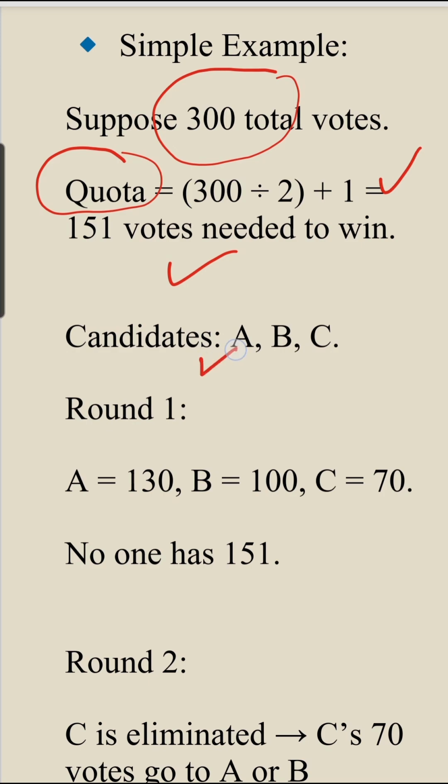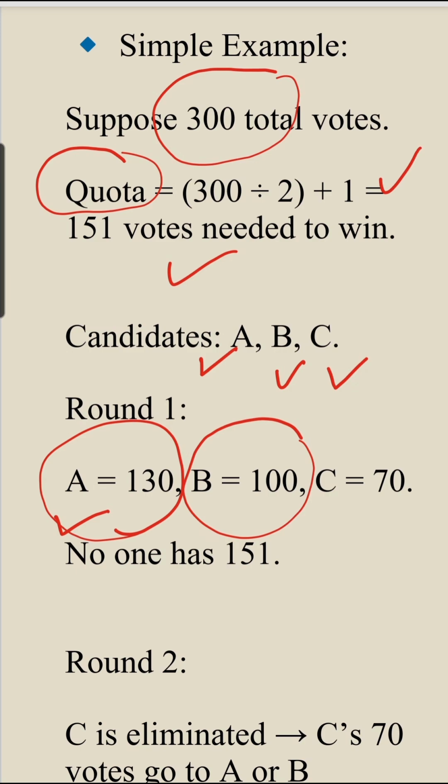Now we have candidates A, B and C. Suppose in round 1, 130 people from 300 have preferred A as their first preference to become president, and 100 people have voted for B to become the president as their first preference, and only 70 people have voted for C to become president as their first preference.